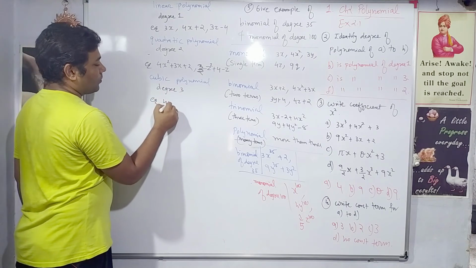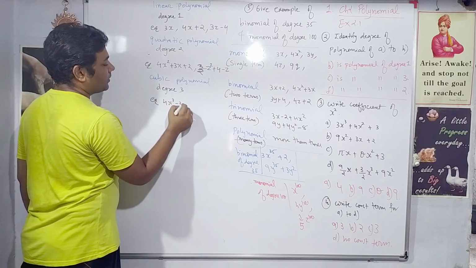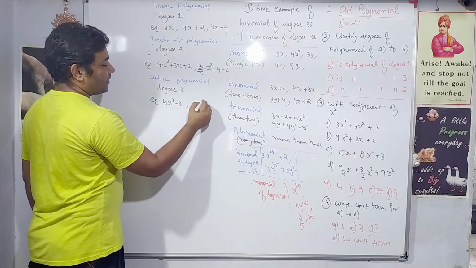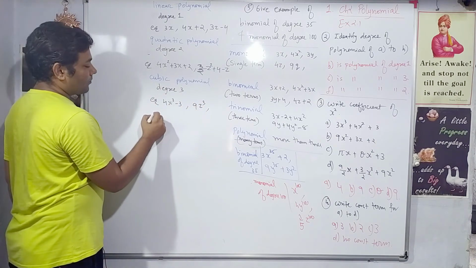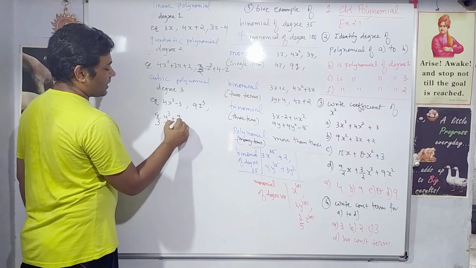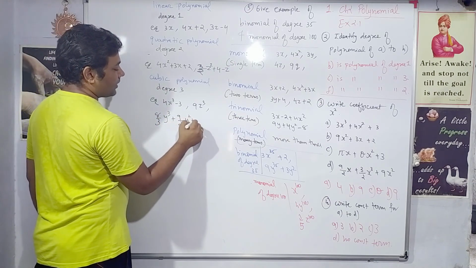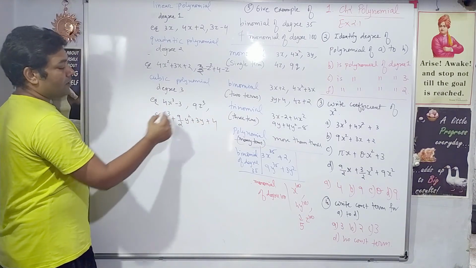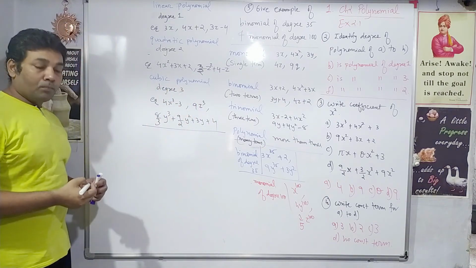Examples: 4x cube minus 3, so highest degree is 3. 9z cube, see, highest degree is 3. 8 by 3 y cube plus 9 by 2 y square plus 3y plus 4. See, highest degree is 3. So these are the examples of cubic polynomials.